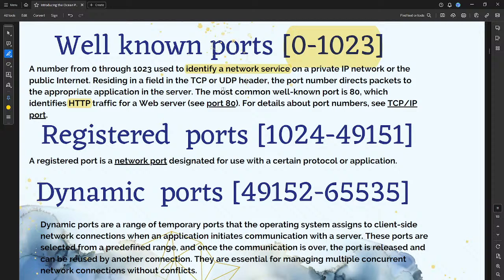We'll be working with tools like Wireshark, where we'll have a series on how we can understand and put this networking security aspect into hands-on experience as well. Like I said, the most common well-known port is 80, which is the port that identifies HTTP.